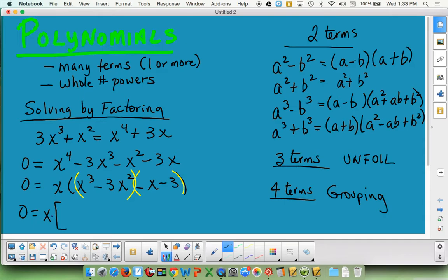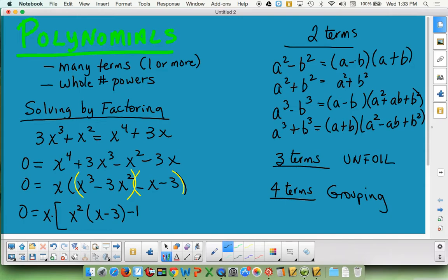Okay, the first two, I could pull an x squared out and be left with an x minus 3. The second pair really don't have anything I could pull out, except remember you need to pull a sign. So in this case, I would pull a negative 1 out. Oops, Mrs. Meyer did indeed miscopy that problem.